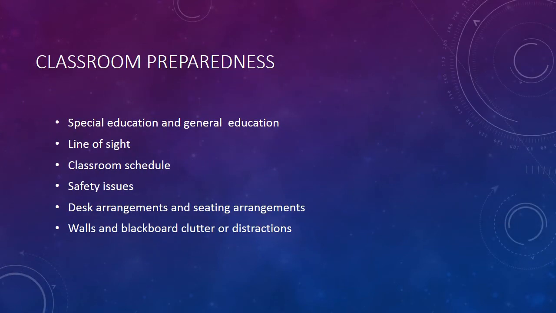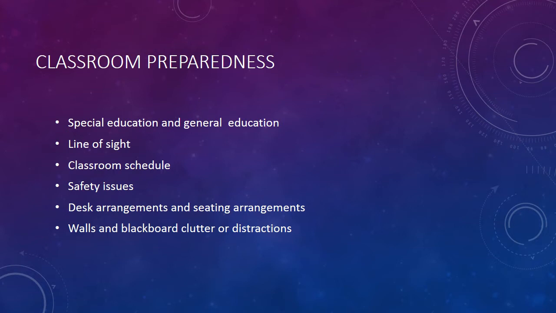Number one, the classroom preparedness. Special education and general education both need to be prepared in a similar manner, and this gets confused. General education right now is going to have a percentage of children who attend classes with ADHD and some minor or mild spectrum disorders, and they may not be identified right away.